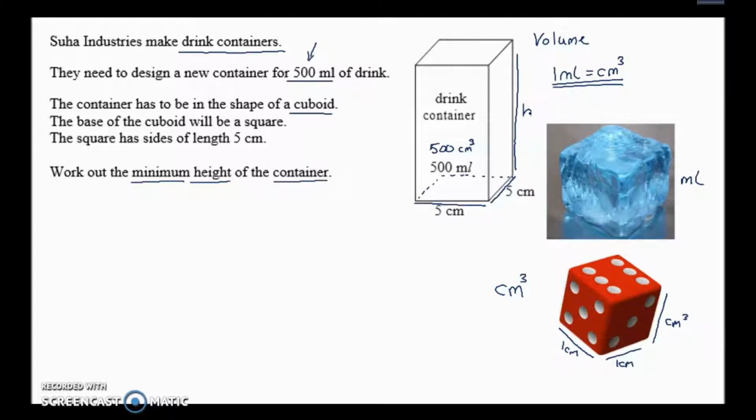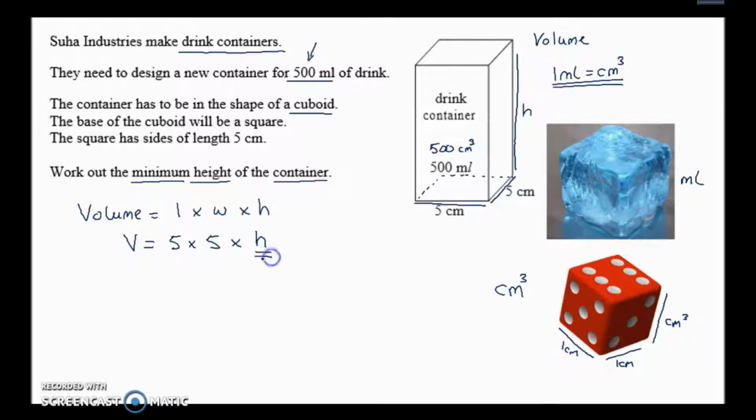So you need to know how to work out the volume of a cuboid, a container in this shape. What is the formula for a cuboid? The volume of a cuboid is length times width times height. The length and the width here are 5 and 5, so 5 times 5, and the height is what we don't know.